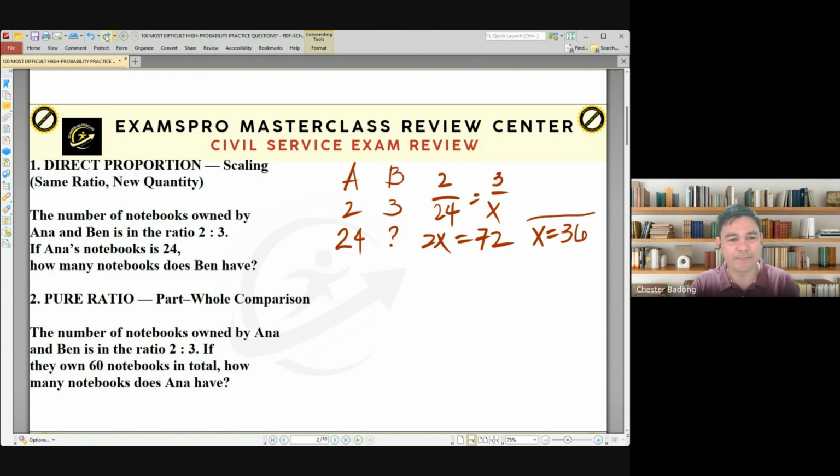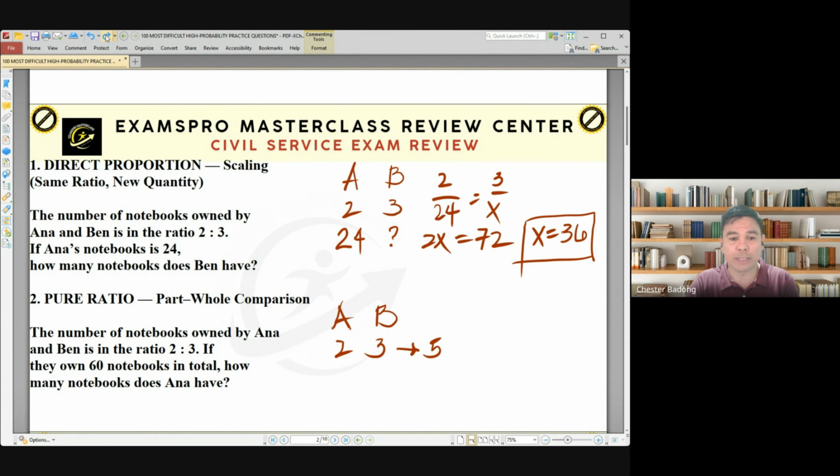That's the answer. Okay? So, the second problem, the number of notebooks owned by Anna and Ben is in the ratio 2:3. If they own 60 notebooks in total, how many notebooks does Anna have? Gawa po tayo ng table. A, B, 2:3 again. Okay? Total po ng parts, 2 plus 3, 5.